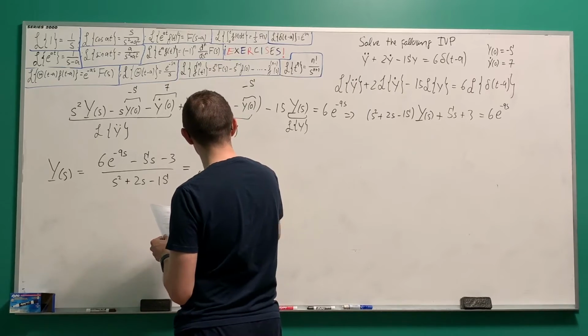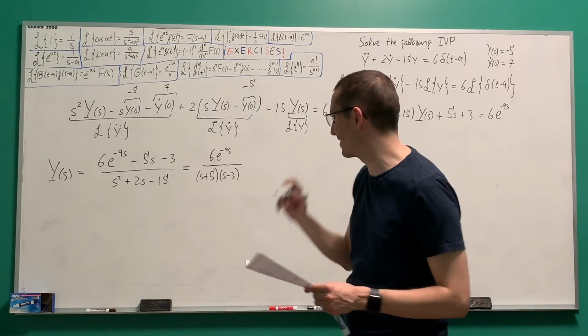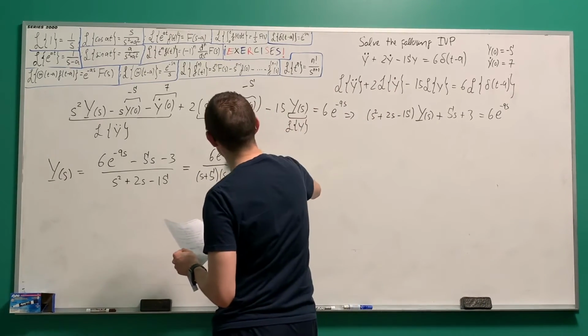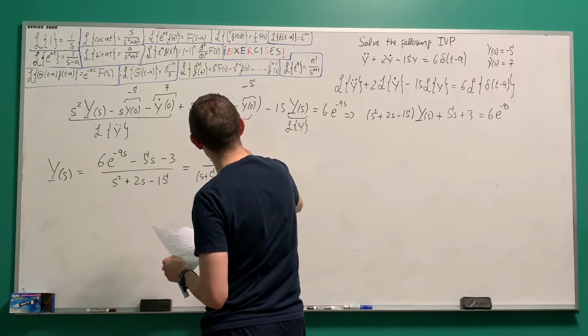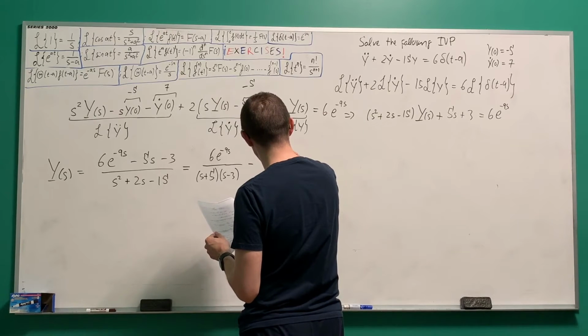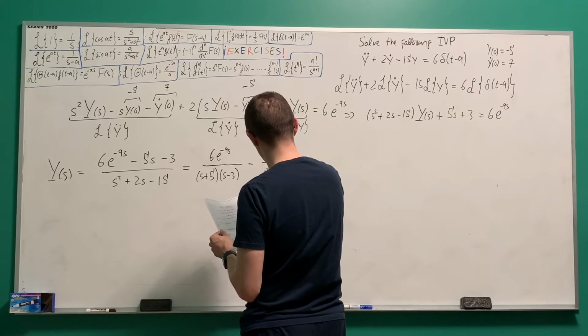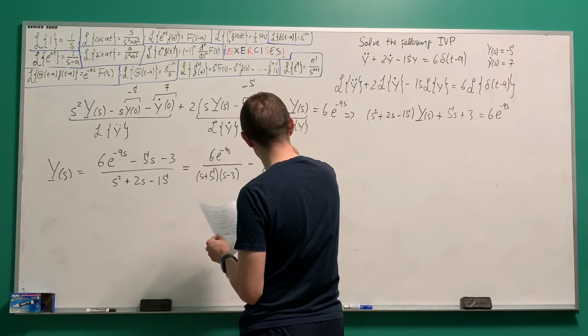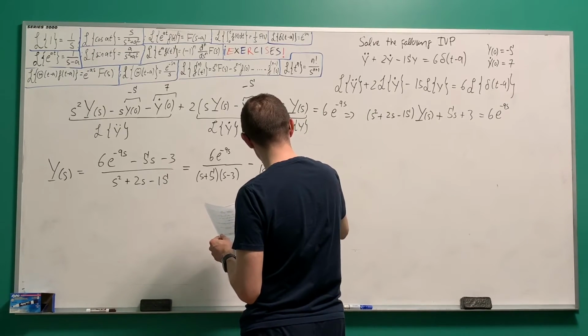This is the most challenging problem in terms of the number of 5s and s's that appear together. So this is not 95, this is an s, right? Minus 5s plus 3, s plus 5 times s minus 3.